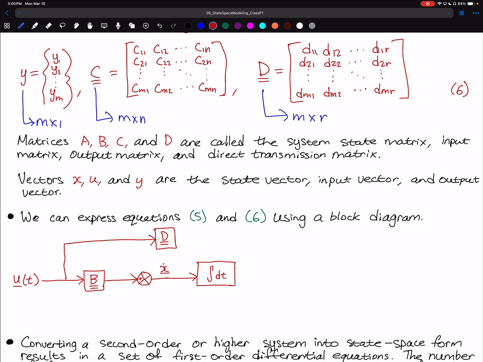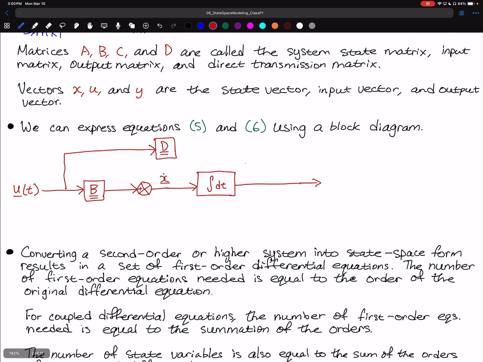And then out of that, we're going to get the state vector x. The state vector is going to go back and feed into that summing junction. The first thing it's going to do is pass through the matrix A first.